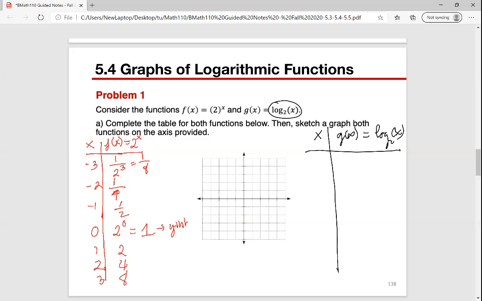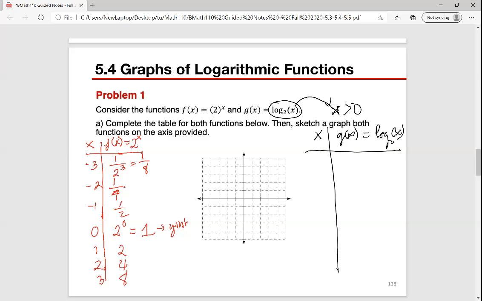Remember that for this x, because x here is an argument, x for the log has to be greater than 0, right? So x here has to be greater than 0 for this log.